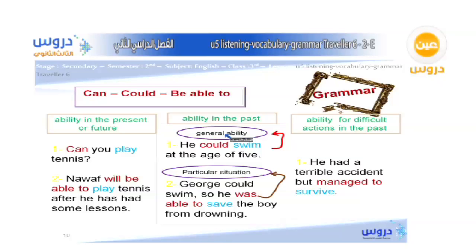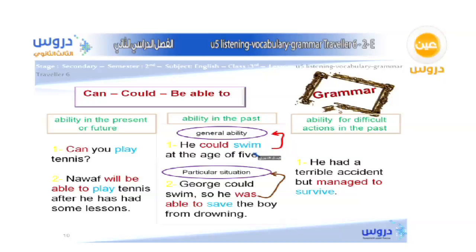If we are talking about general ability, we might move to could. He could swim at the age of 5. This is general ability. Okay, what about particular situations? George could swim, so he was able to save the boy from drowning. Now can you see the difference between the first sentence and the second one?